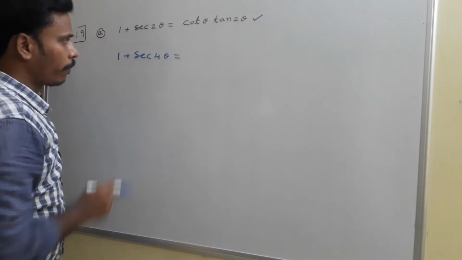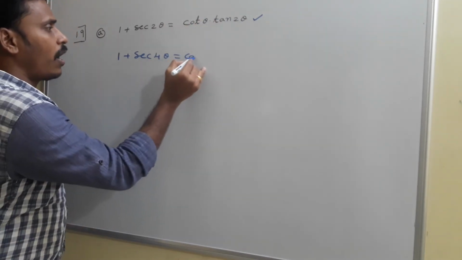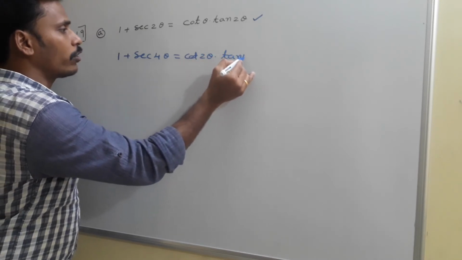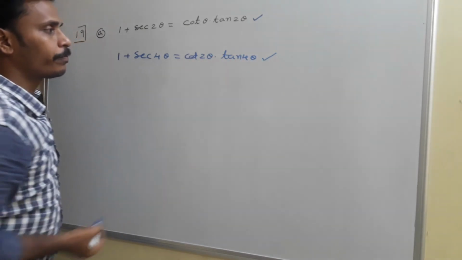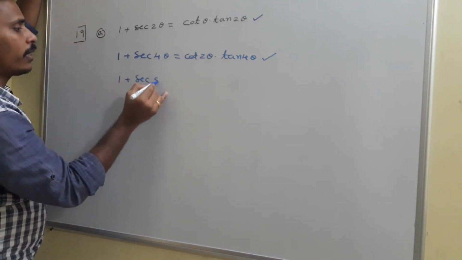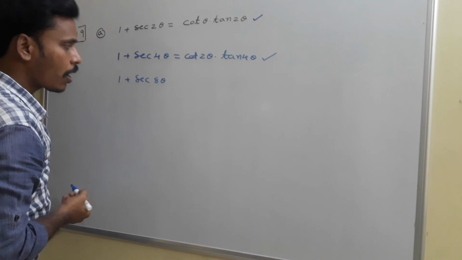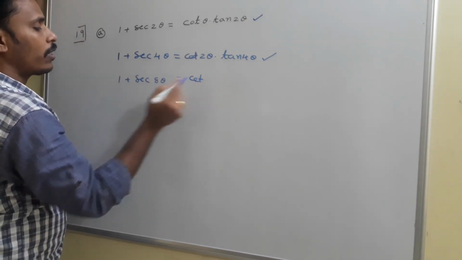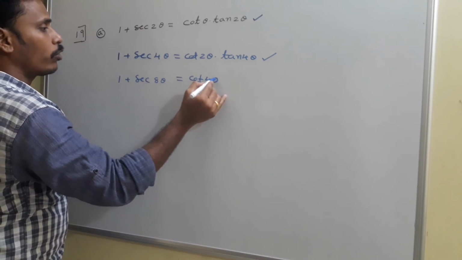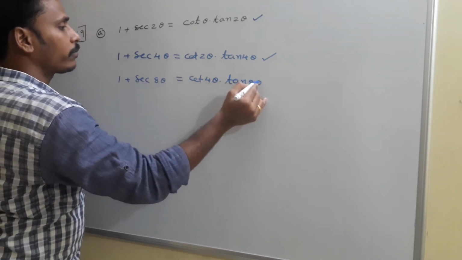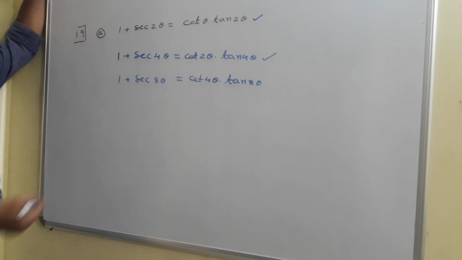If it is 4 theta, half is cot 2 theta and full is tan 4 theta. Is it right? And 1 plus secant 8 theta means cot of half of that, cot 4 theta, and full tan 8 theta. Like that we need to continue.